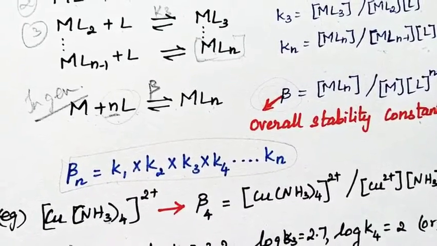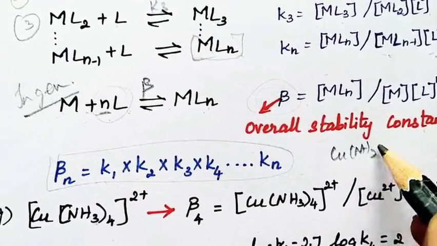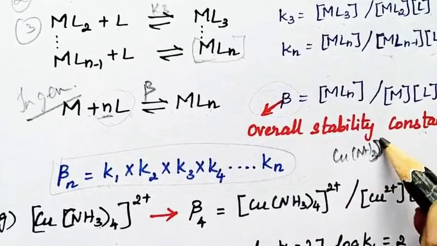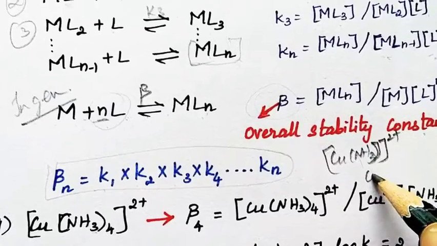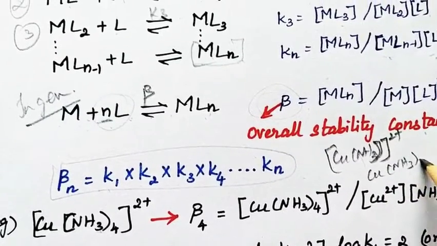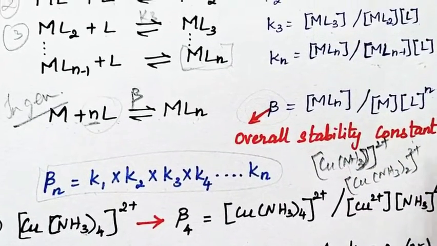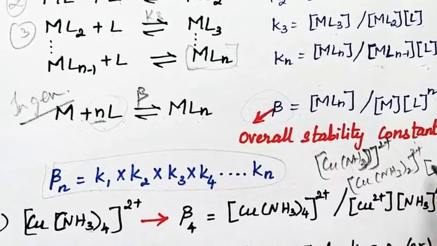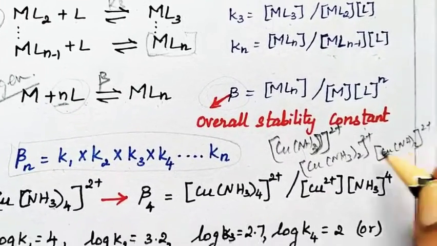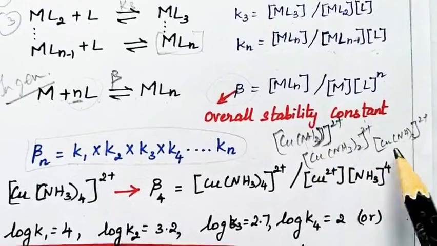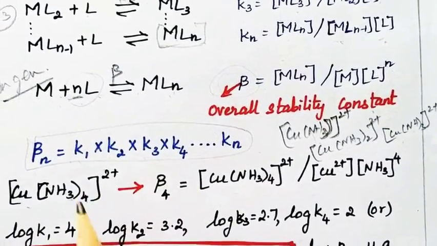In the first step we have only one ammonia, so Cu(NH3) 2+ will be the product in the first step, and Cu(NH3)2 2+ is the product of the second step, and in the third step the ammonia will be three. Like this we get the product in a step-by-step manner, but I just directly wrote the final step.